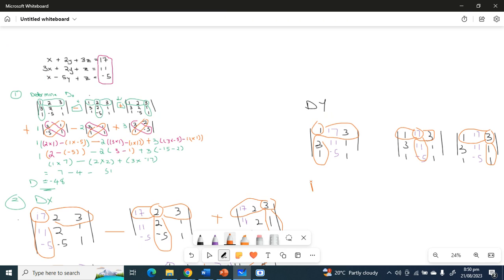The number you circled comes outside here. It's 17. Here it's 3. Then you make this the 2 by 2 matrices.